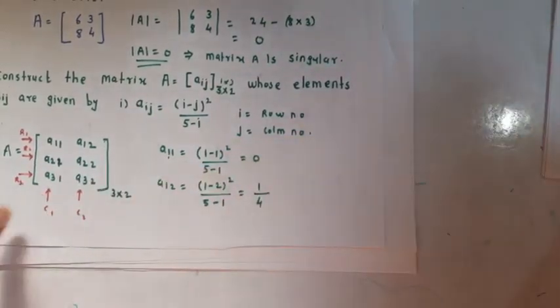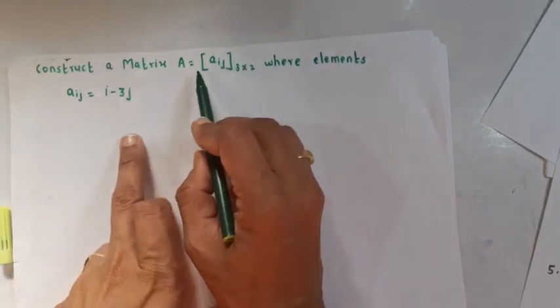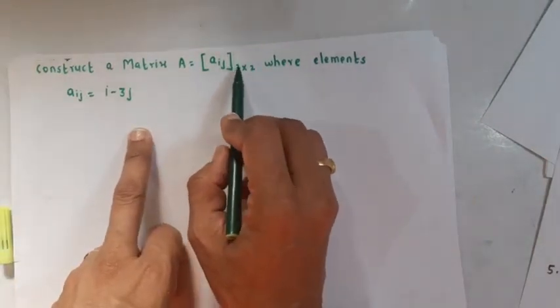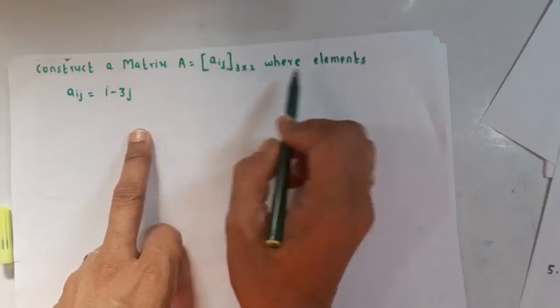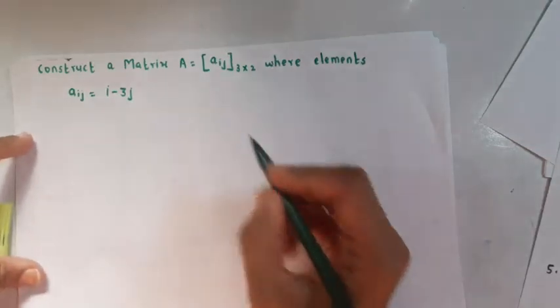Okay, now the second problem is: construct the matrix A such that A equal to [aij] with order 3 by 2, where elements aij equal to i minus 3j.